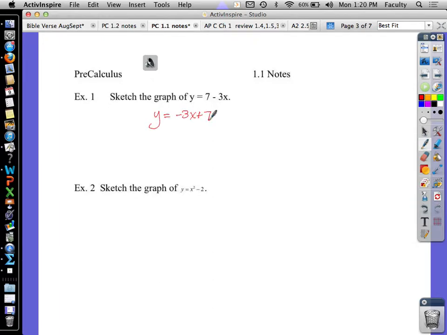So it's really when you see y equals mx plus b, you should be thinking, I have a line. And if you need to, we can rearrange this as y equals negative 3x plus 7.